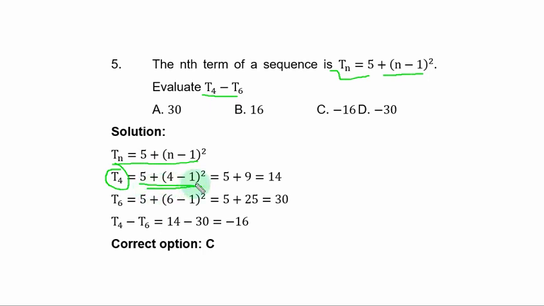If you simplify, you have 14. At t sub 6, it means n is equal to 6. Replace n by 6. If you simplify, you have 30. Therefore, t sub 4 minus t sub 6 is equal to 14 minus 30, and that is minus 16. C is the correct option.